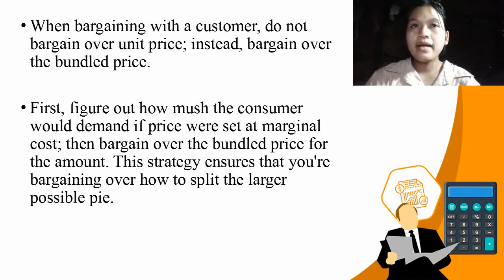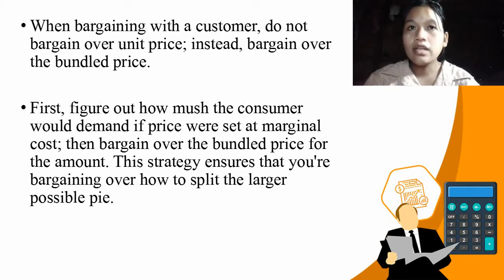Bundle the goods. As we have just seen, the customer's total value for 6 units is $27. If you have enough bargaining power, you can capture the entire consumer surplus by pricing a bundle of 6 goods at just below $27. If not, then bargain over how to split it.